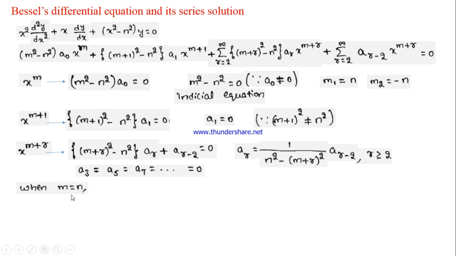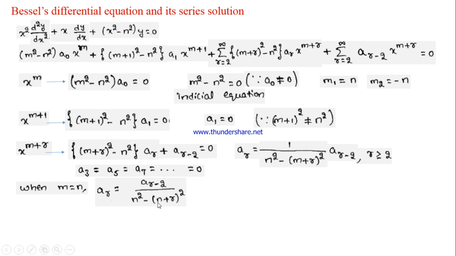First let me discuss the first root of the indicial equation, that is m equal to n. For this we get ar equal to 1 upon (n square minus (n plus r) whole square) times ar minus 2.